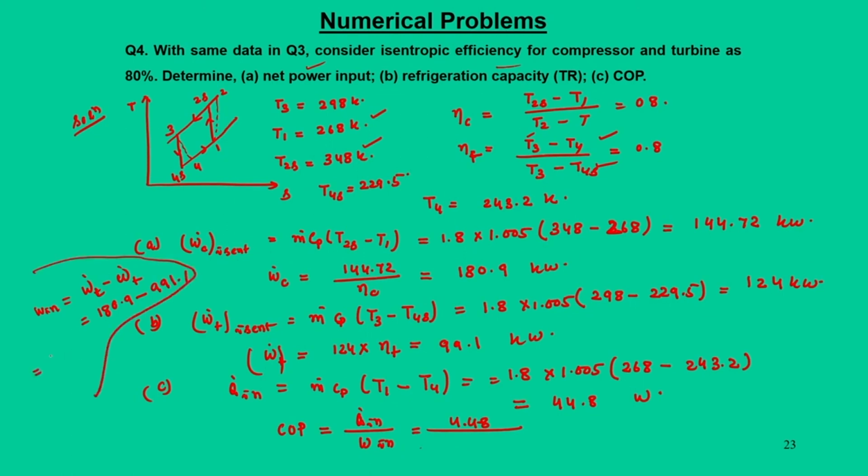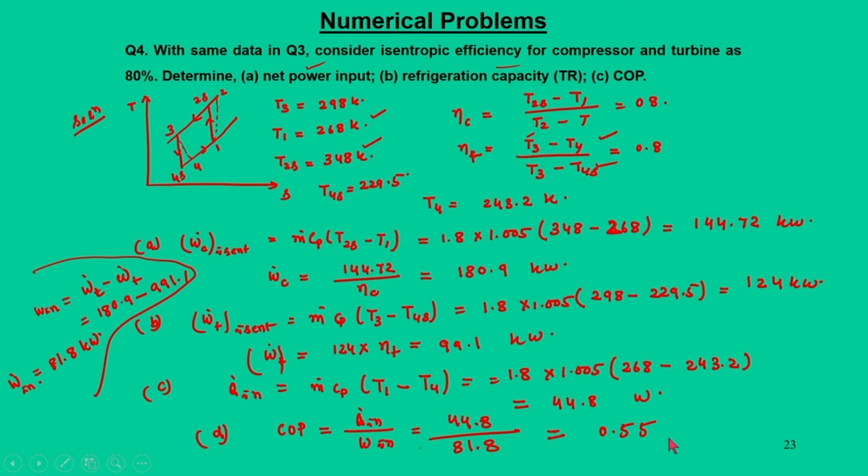So, this value is 81.8 kilowatt. So, 44.8 is your Q in divided by 81.8. So, COP is now 0.55. So, you can see that by introducing the efficiency of turbine, the COP has drastically reduced.